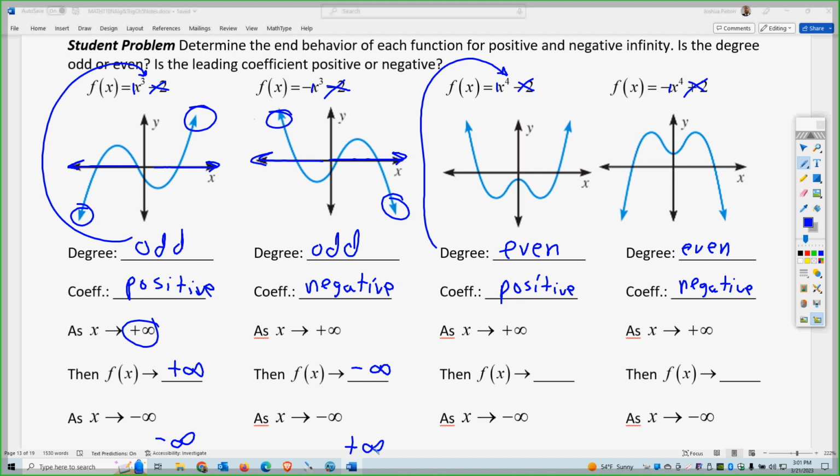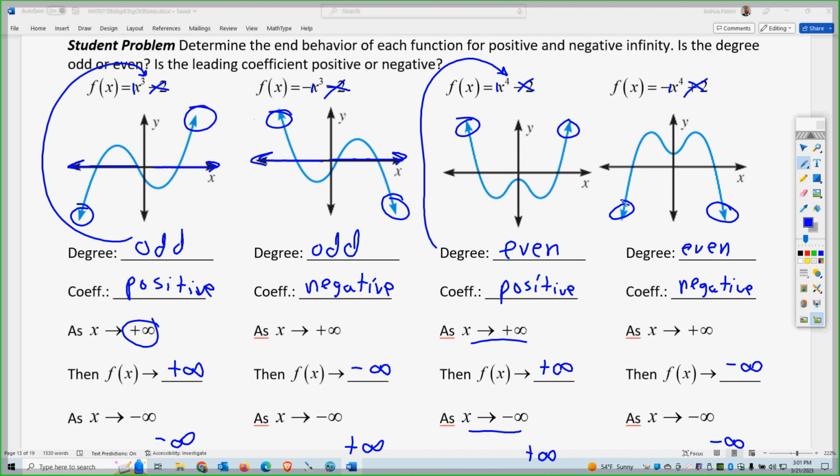Right? And the next one, regardless of the direction of x, the function always goes up for even exponents with positive coefficients. And in both cases here, the function goes down to negative infinity for even functions with a negative coefficient.